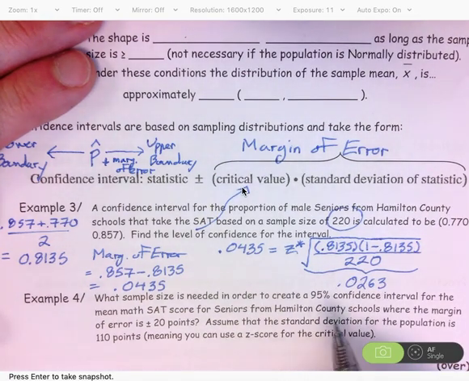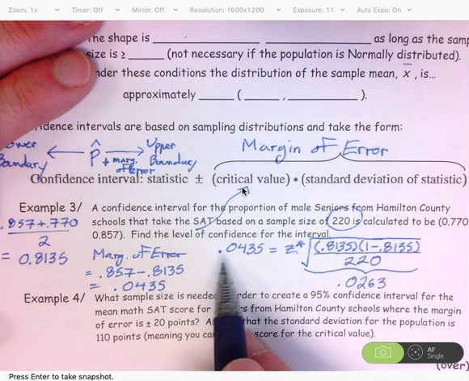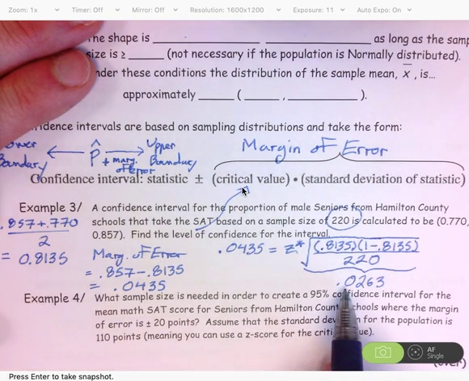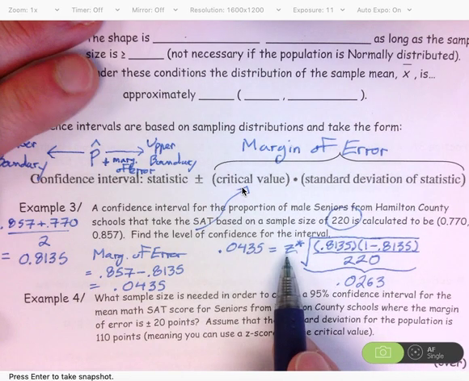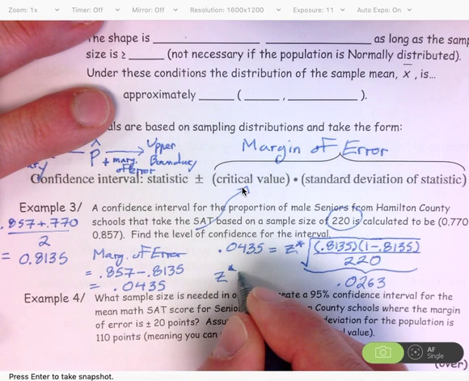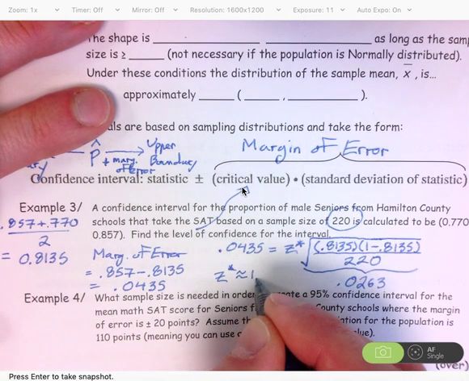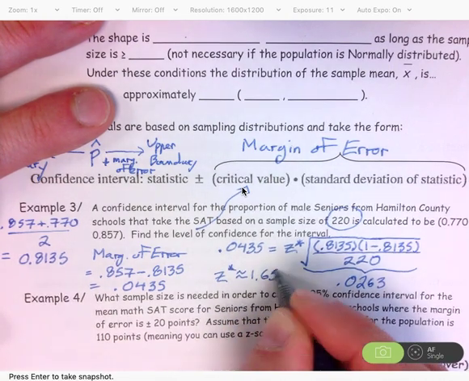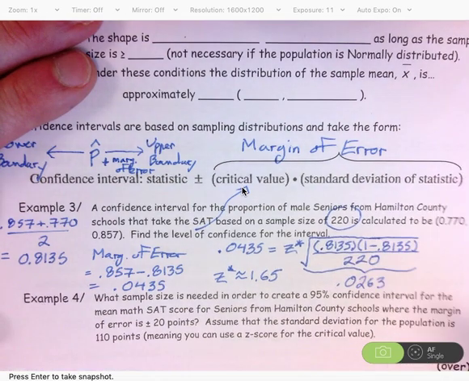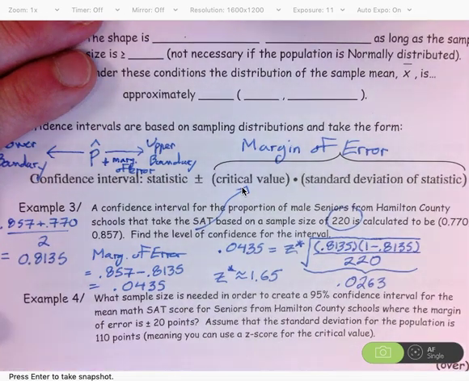So to find the critical value, I just have to take the 0.0435 and divide by the 0.0263. That will give me my critical value. So you end up with a critical value of about 1.65, which maybe you recognize, maybe you don't, but that critical value is a z-score.